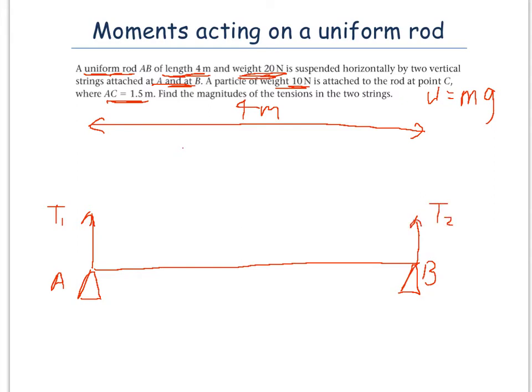We're also told it's a uniform rod. So remember, that means the weight is acting in the middle, and the weight is 20 newtons. So 20 newtons acting down. Now, it's also going to be useful to know the distance from A to the centre. Well, if it's 4 metres all the way across, half of it is going to be 2 metres.